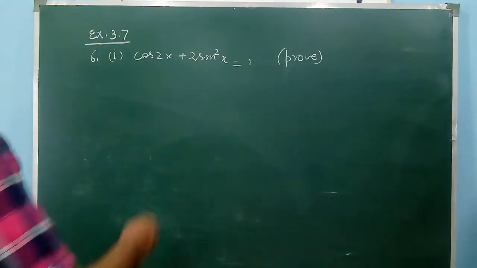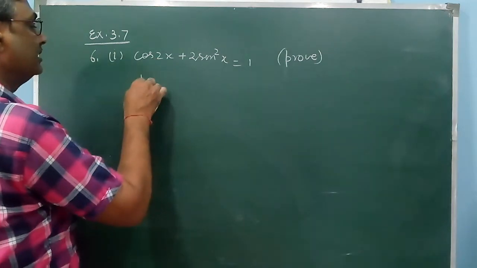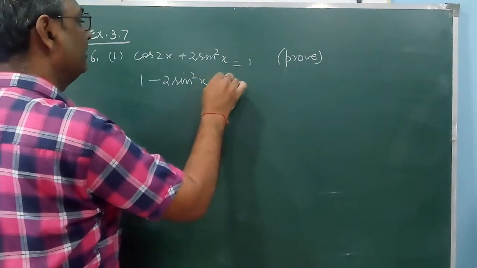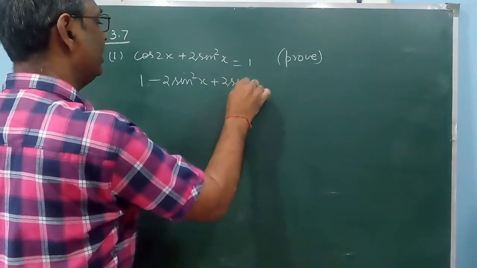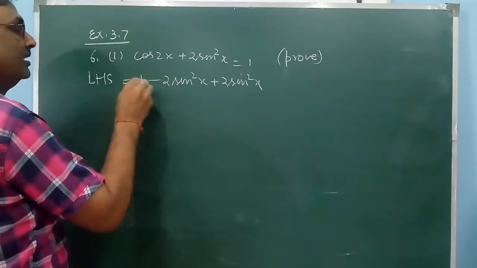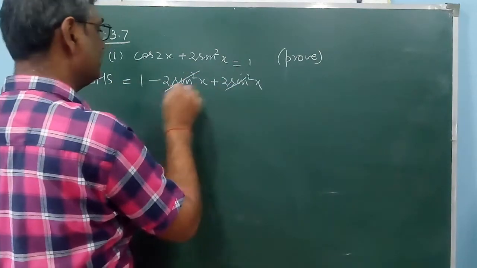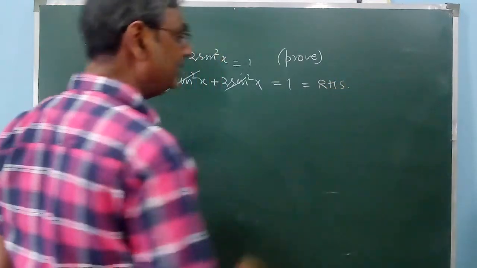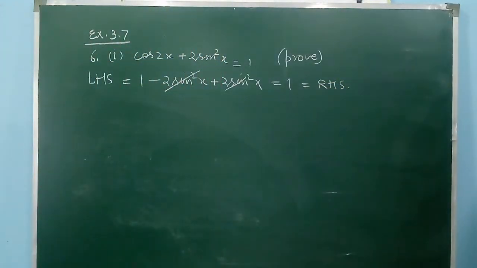Now here we can write this as 1 minus 2 sin square x plus 2 sin square x. This is LHS. So here these two will be getting cancelled, equal to 1 equal to RHS. So simple, in one line the question will be solved.